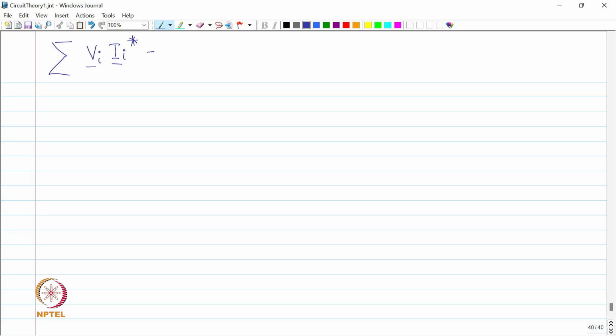This is real plus j imaginary of V I times real of I I minus j imaginary I I. And since we have proved that sigma real times real is equal to 0, sigma real times imaginary is also equal to 0, imaginary times real sigma is also 0, and imaginary times imaginary sigma is also 0. This is therefore also going to be equal to 0.